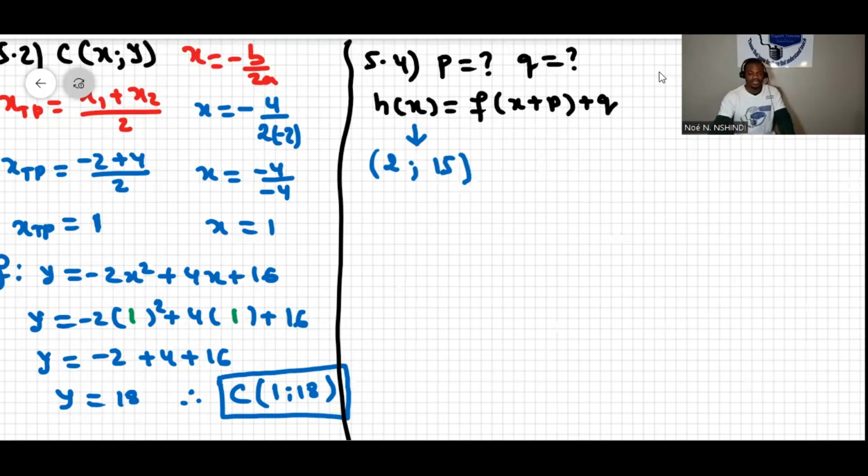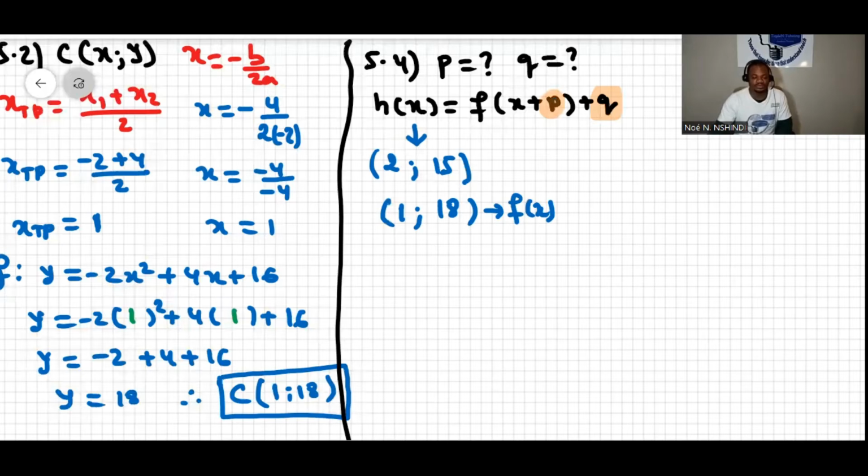Now our initial graph has the turning point at 1, and the highest point was 18 when x was equal to 1. This is for h, and this is for f. So now we need to find the values of p and q. Note that p and q determine the shift.